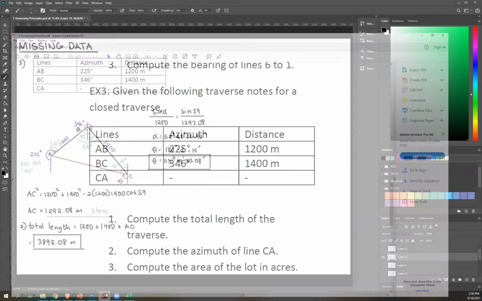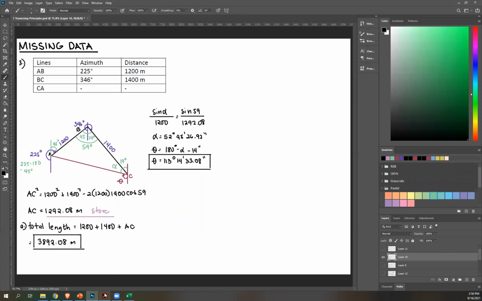And then finally, we want to get area of the lot in acres. Okay, area. This is a triangle. What equation should I use to get the area of this triangle? It's not Heron's formula. Well, you could, but that's going to take too long. There's a shorter way.